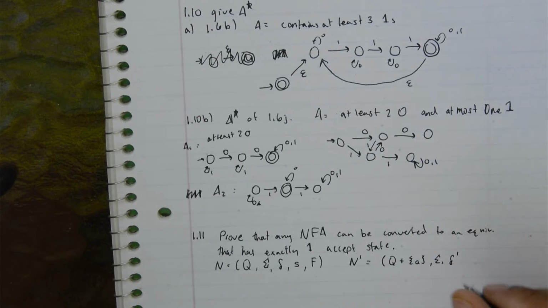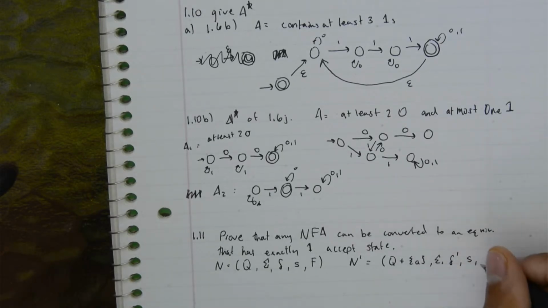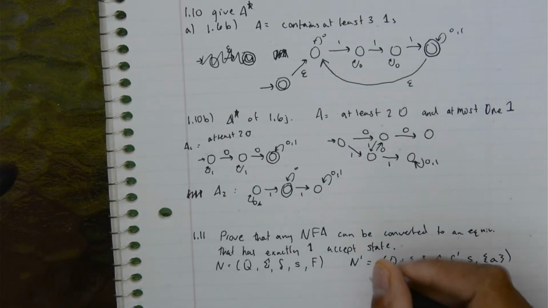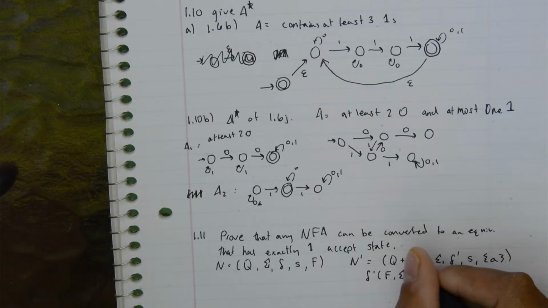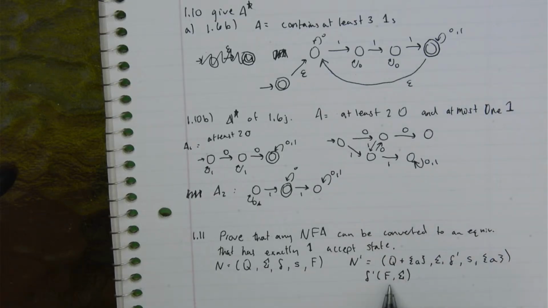Delta prime, S and then A. Okay, and then all you're going to do is you're going to say delta prime of, I guess it's going to say F, sigma. So this is really like a Cartesian product of possibilities. So it's like delta of anything in the accept state with anything in the sigma state. What am I trying to say?